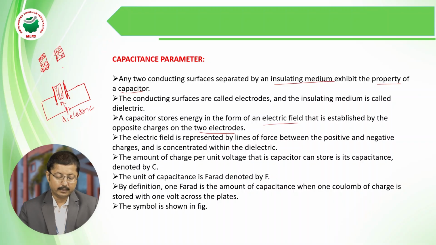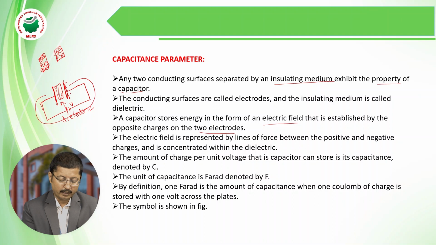If we apply voltage across these two plates, then electrons in one plate are attracted, so these electrons will move to the positive plate, and the negative voltage pushes back on the other side.